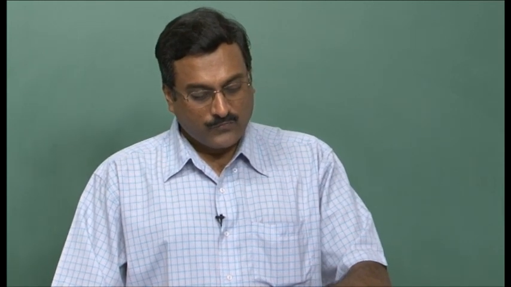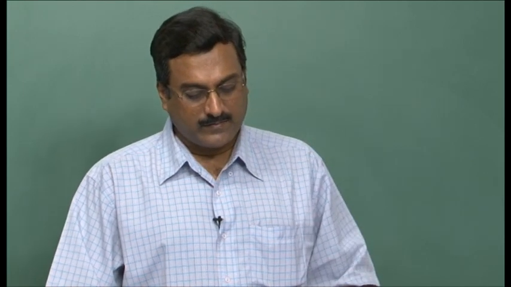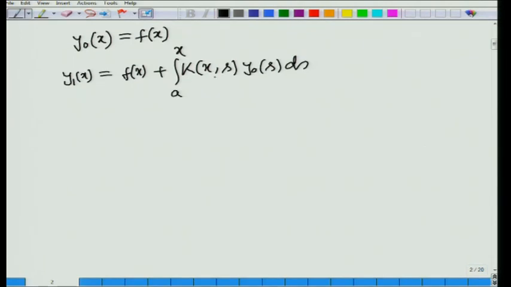We have assumed y0(x) equal to f(x), which is again a continuous function. Therefore, the integral from a to x of K(x,s) y0(s) ds is integrable, and after integration, f(x) plus this integral produces another continuous function defined over the interval [a,b], where x ranges from a to b.